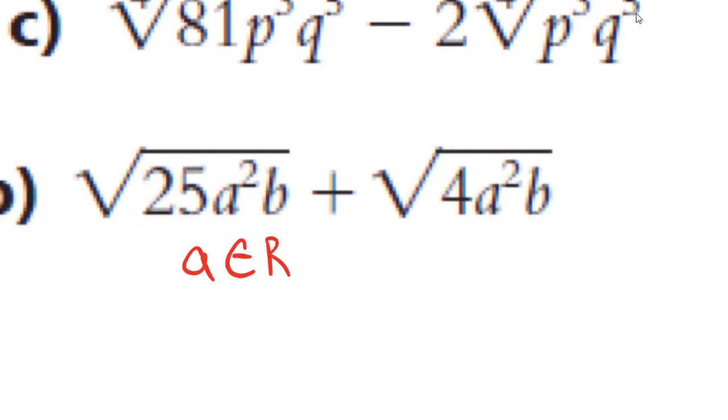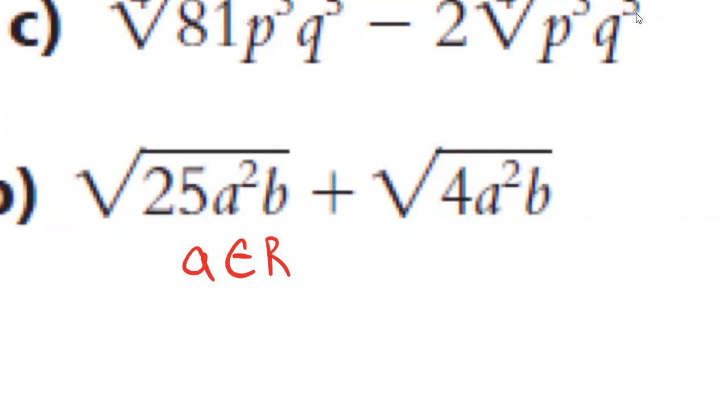B, on the other hand, if I'm testing, if B is positive 1, this is all going to work out to positive. If B is positive, this is all going to work out to positive. Therefore, I can do the even root of a positive value. So B can be positive.